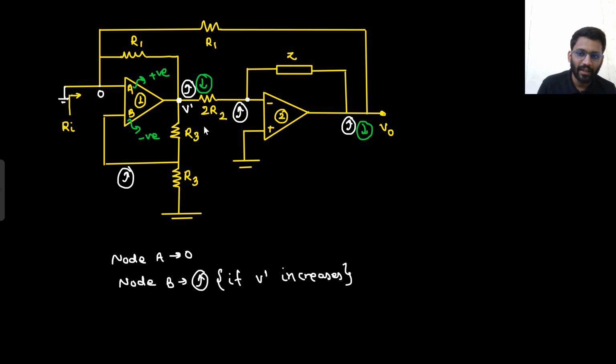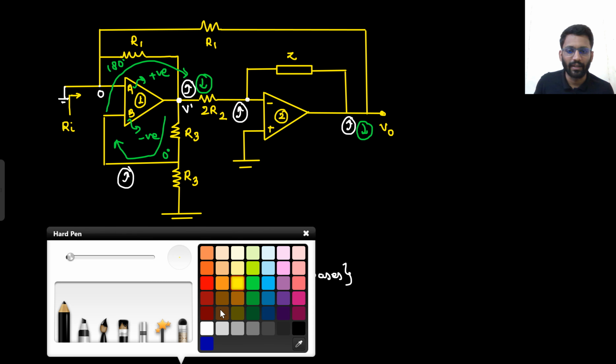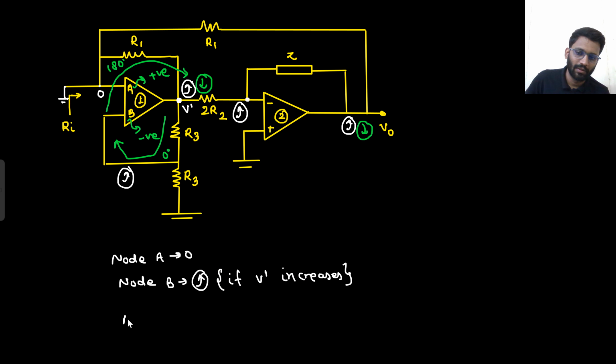So basically from here to here, or I can say from here to here, there is 0 degree phase shift. So from here to here, I need 180 degree phase shift. So if I need 180 degree phase shift, that means I need to pick B as negative and A as positive. Say yes or no. So B will be negative and A will be positive.